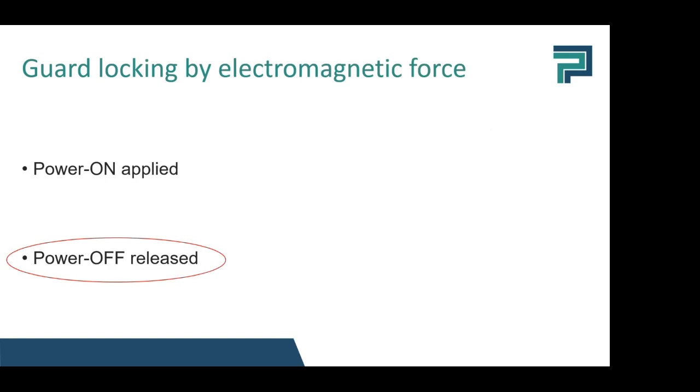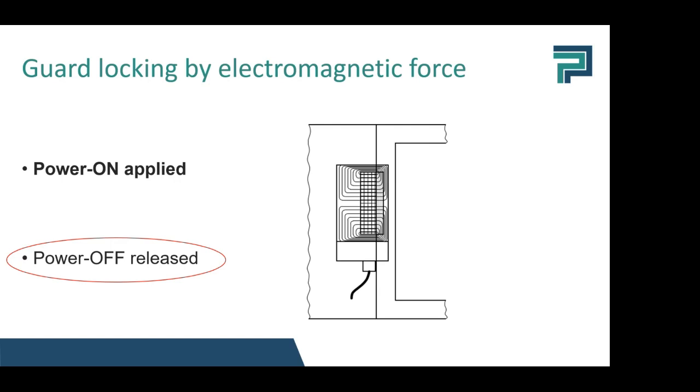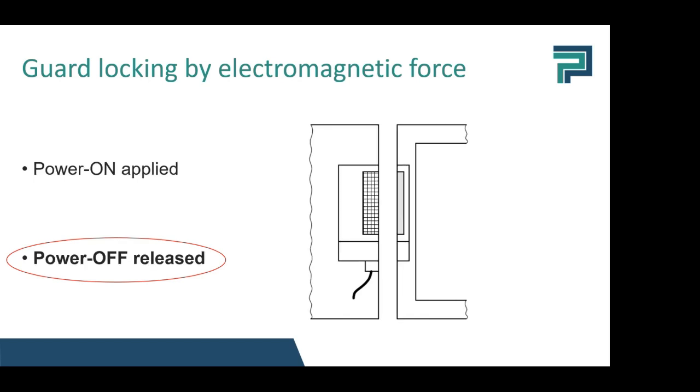And here there's only one type, and I've made a small error in the PDF versions I sent you. So it is only one type of guard locking, and this operates like power unapplied. So when we provide power, the guard is locked, and when we release the power, the guard is unlocked.